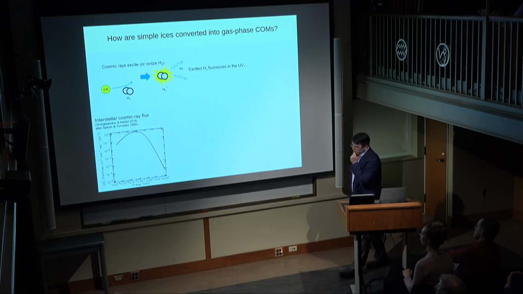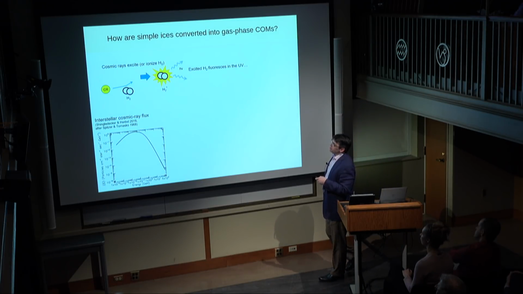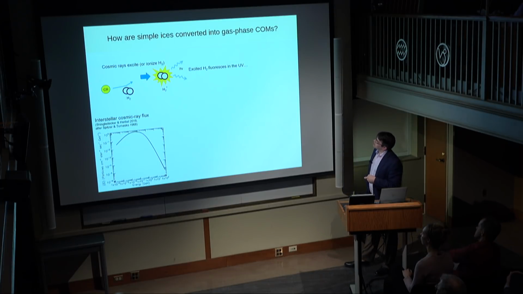So we can form these simple species, but the question is, how do we go from the very simple ones that are mainly formed by hydrogen addition to something more complex? And the answer seems to be this energetic processing that comes from cosmic rays.